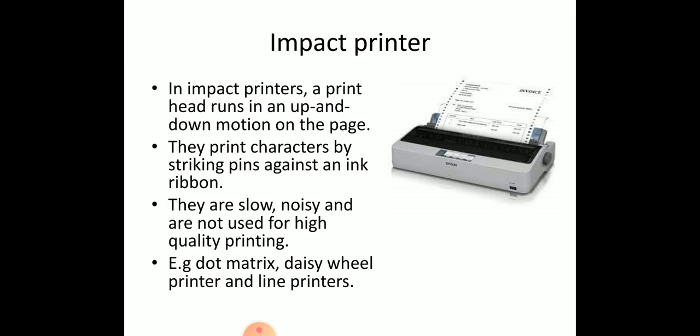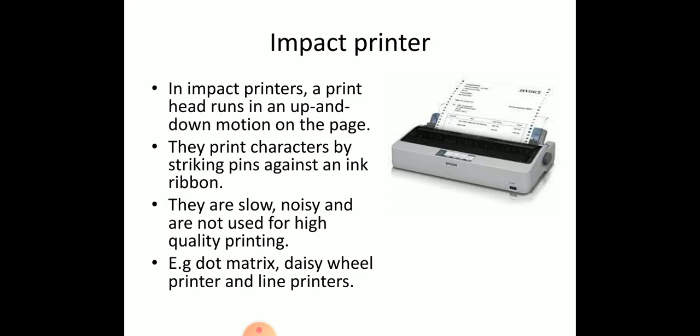Impact printer. In impact printers, a print head moves in an up and down motion on the page. They print characters by striking pins against an ink ribbon. They are slow, noisy and not useful for high quality printing.